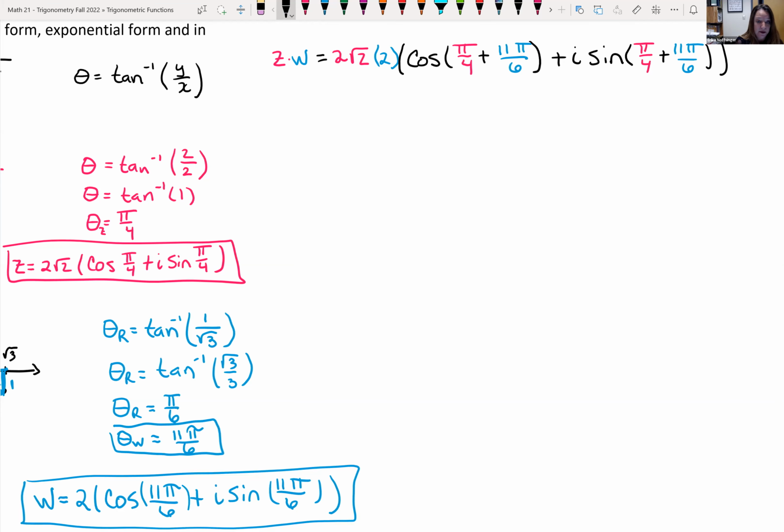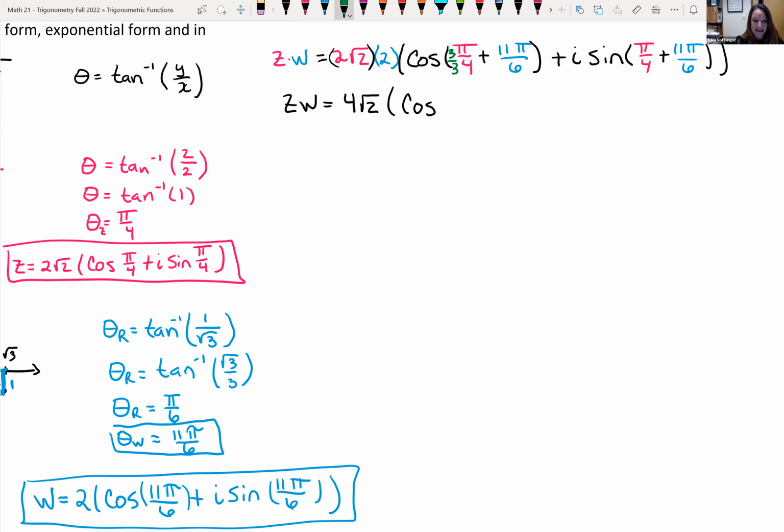So let's clean this up a little bit. I have z times w is equal to, so if I multiply 2 root 2 times 2, this is the same thing as 4 root 2, cosine. To add these angles together, I need a common denominator, and my common denominator of 4 and 6 would be 12. So to get a common denominator of 12 for pi fourths, I would multiply by my fancy one of 3 over 3.